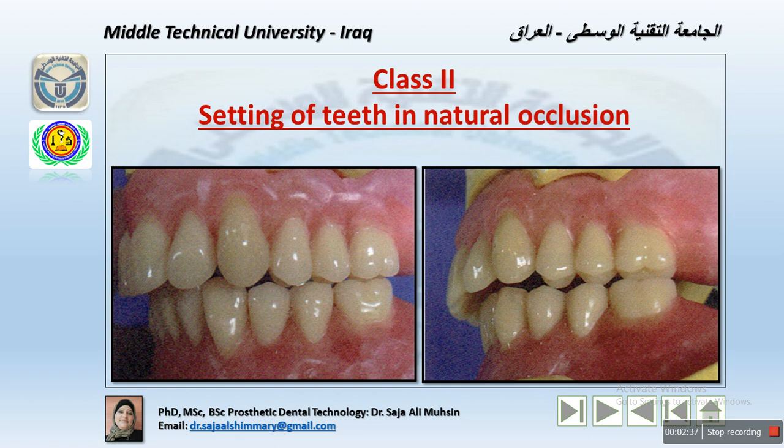Okay? Now, to achieve a reasonable occlusal relationship while maintaining the teeth in the most stable position over the ridges, the central foci of the lower posterior teeth must be extended buccally by grinding. So, in the setting of artificial teeth in class 2, there is a little bit of grinding of the teeth.